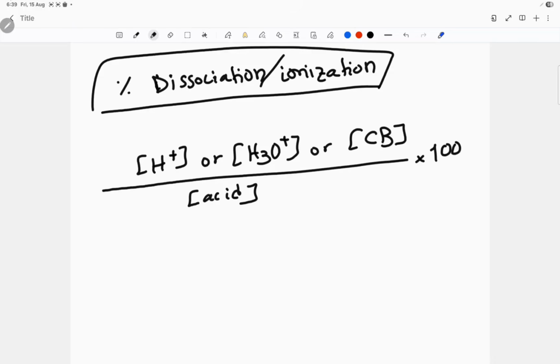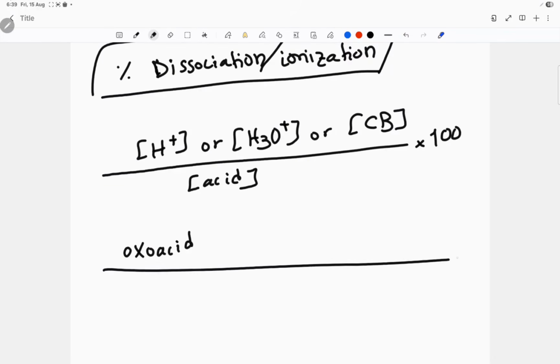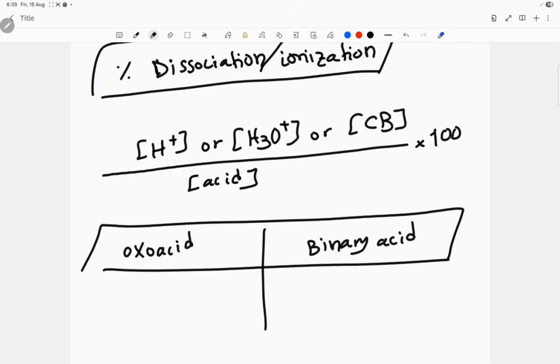Okay. Now, when discussing percent ionization, we do it for two types of acids: oxoacids and binary acids. So what's a binary acid?